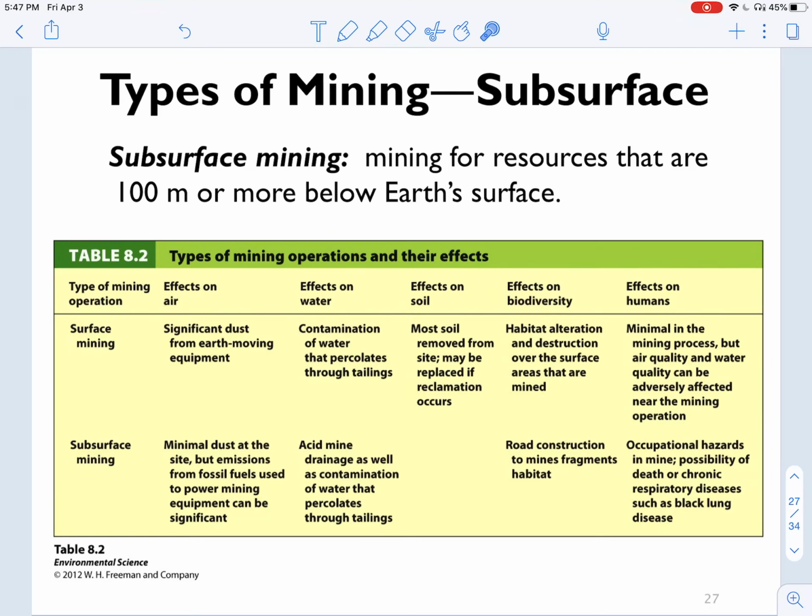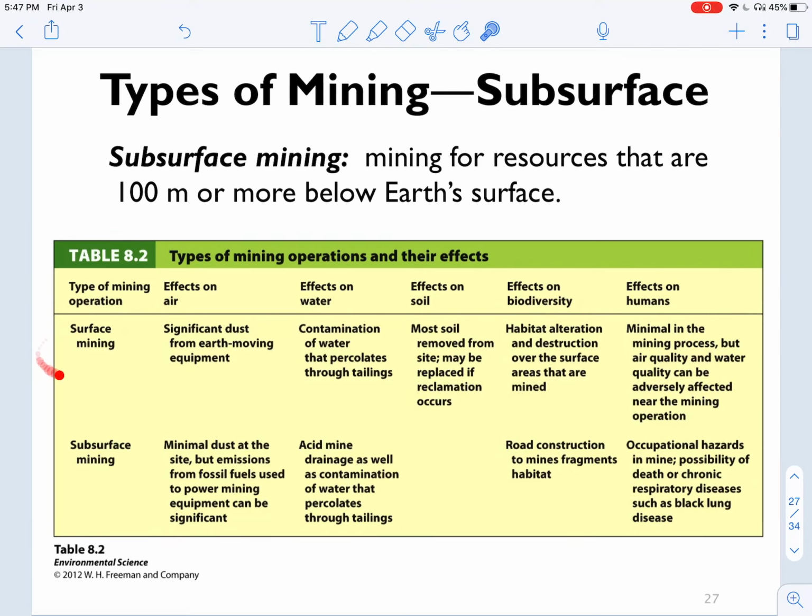In terms of the human effect, surface mining is minimal human effect for the people actually working there, but air quality and water quality, like we see with the Butte, Montana mine, can affect those surrounding the mines. Subsurface, there's a lot of hazards for the people who actually work there, but less so for the people around the mine.